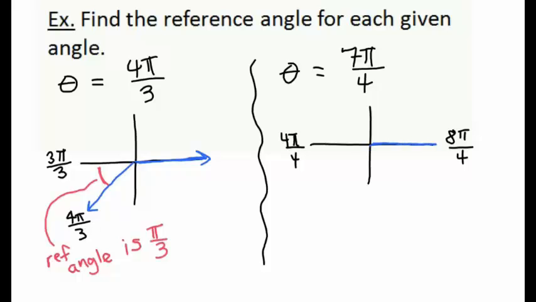So in standard form, our angle is going to start on the positive x-axis, go over here to 180 degrees and keep going all the way around almost to 360. It's going to stop just short of 8 pi by 4. Here in red I've given our reference angle, and you can see that if we were to go pi by 4 more, we'd get to 8 pi by 4. So our reference angle in this case is pi by 4.